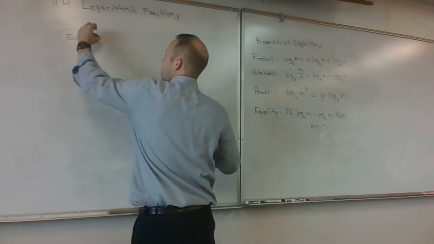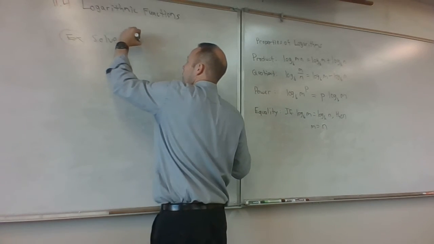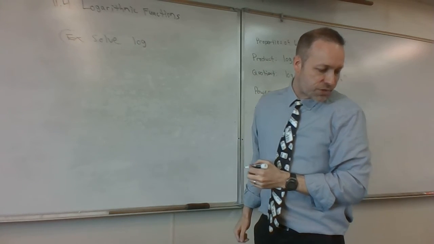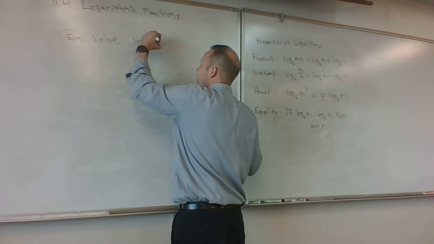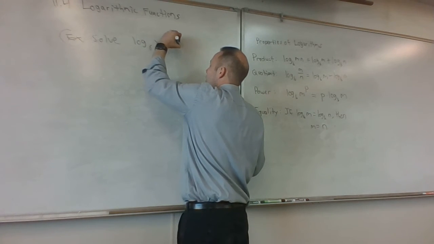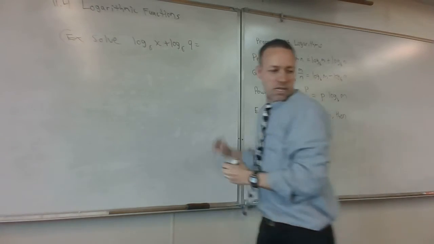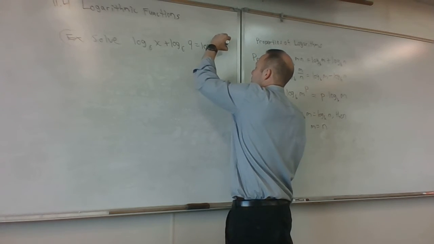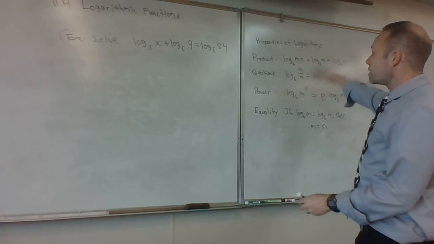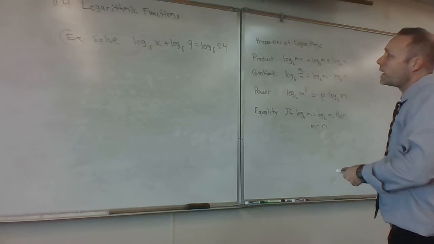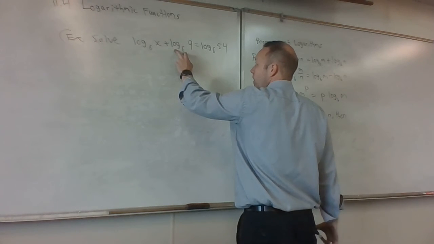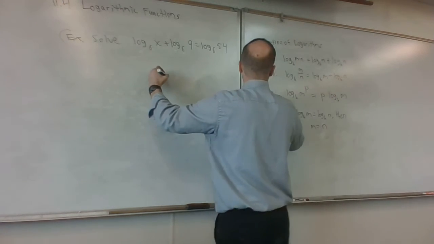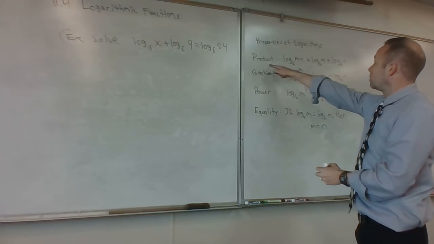Since we're going to be dealing with all of these, let's solve log base 6 of x plus log base 6 of 9 equals log base 6 of 54. Okay, so we have to use one of these properties. I see log base 6 plus log base 6, so I can combine those into one log, using my product rule in reverse.